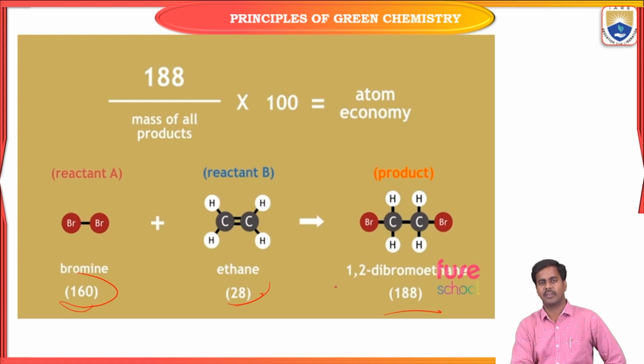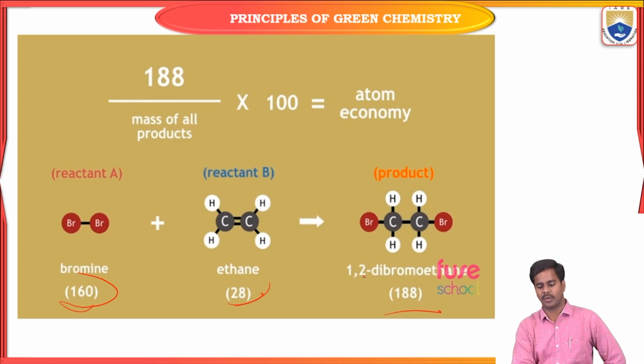So 100% atom economy indicates that it is the most useful, most feasible and most economic reaction. Why? How can we say that it is the most useful reaction? If you observe, there are no byproducts.